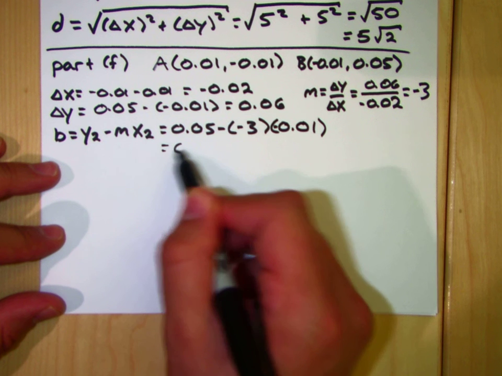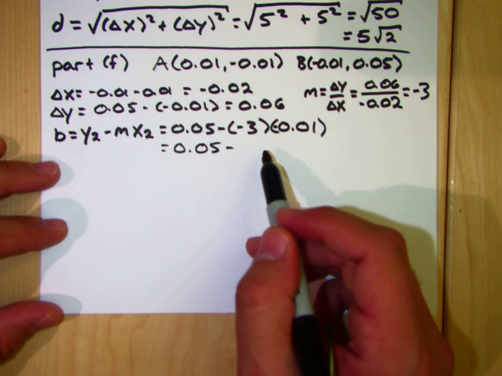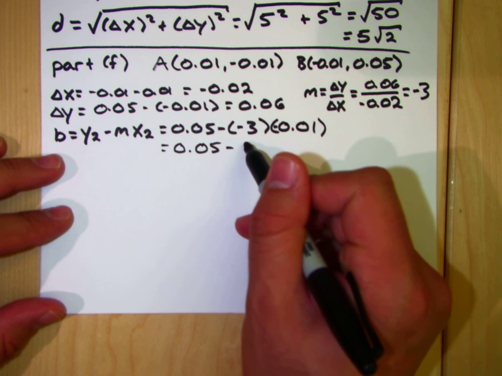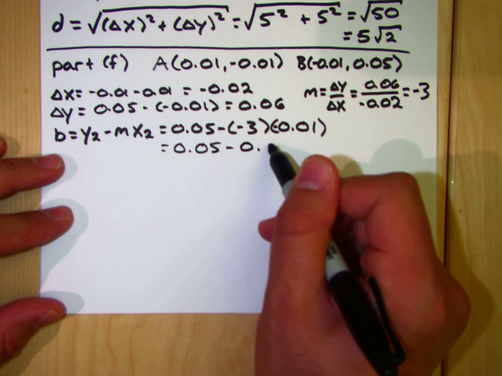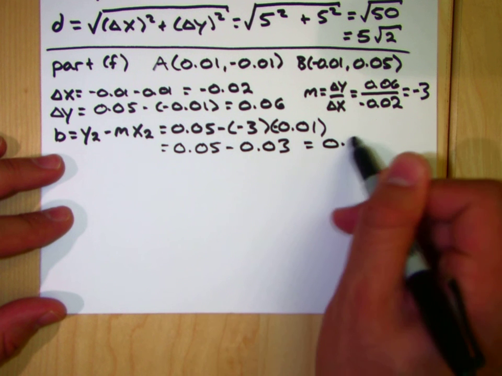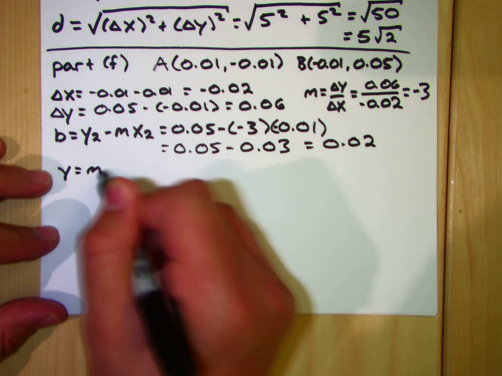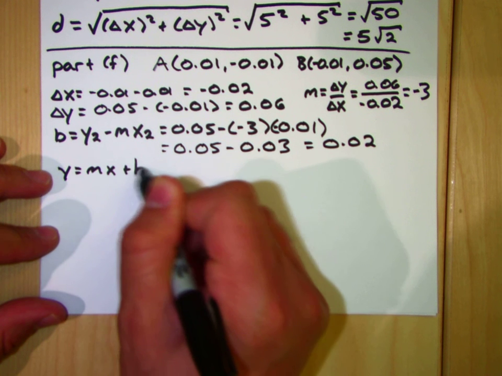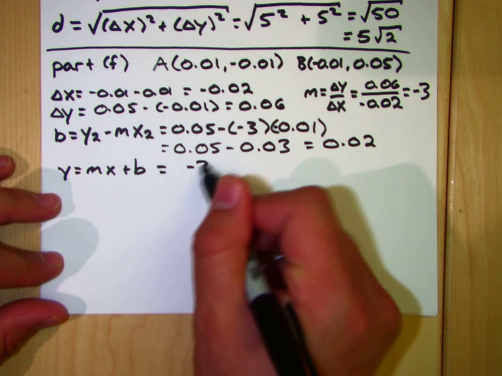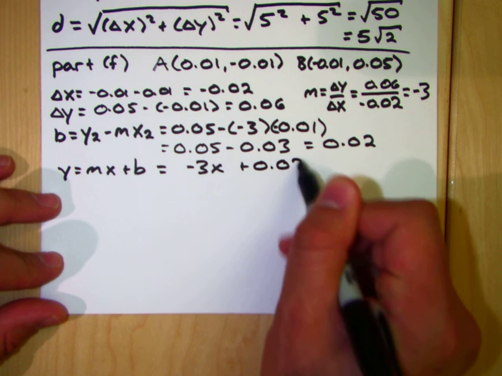So that's equal to 0.05 minus negative 3 times negative 0.01. So this is 0.03, and this all equals 0.02. So the equation for this line is equal to minus 3x plus 0.02.